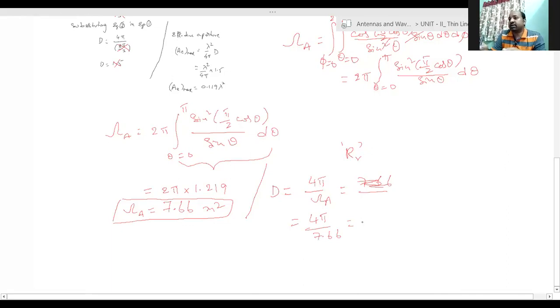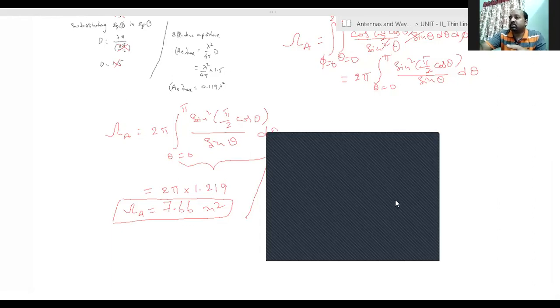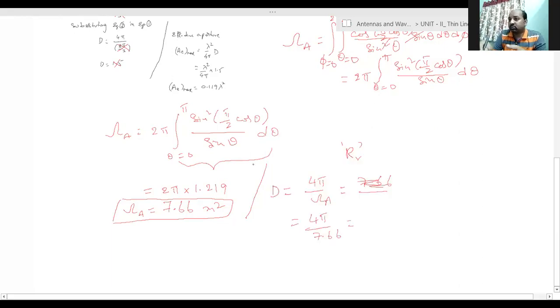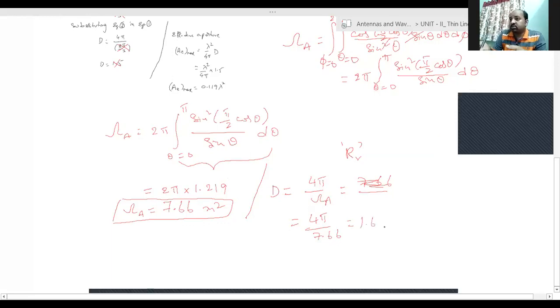If you calculate this, it is around 1.61, I think so. Again, let me calculate this. Into 4 pi, 1.64 you will get when calculating this.